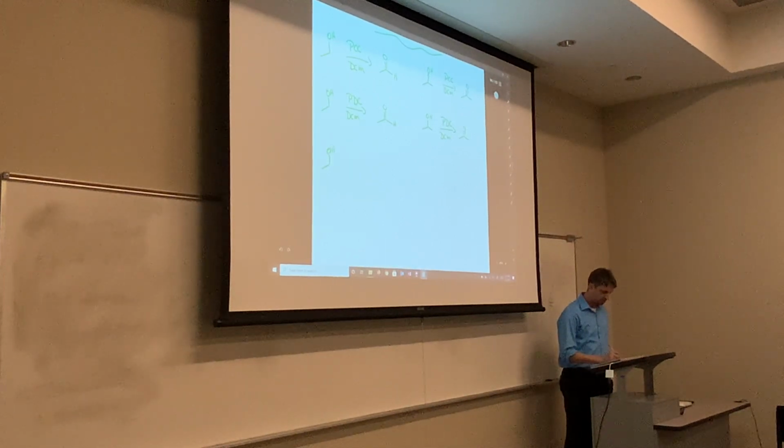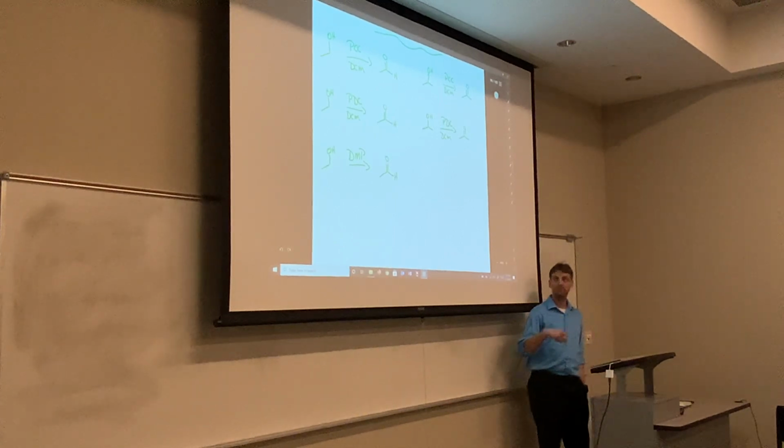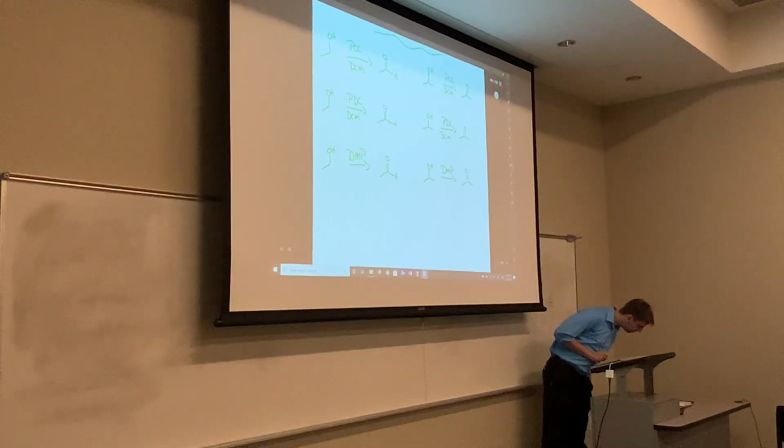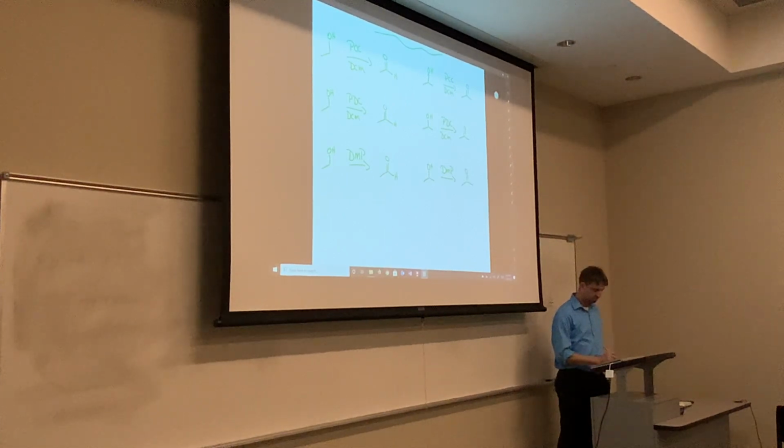You have an OH, you put in something called DMP, and it works with primary and secondary also. What solvent does the book use for this? Oh, it uses DCM also. Okay, of course it does. There you go. That's a good way for you guys to remember it then.